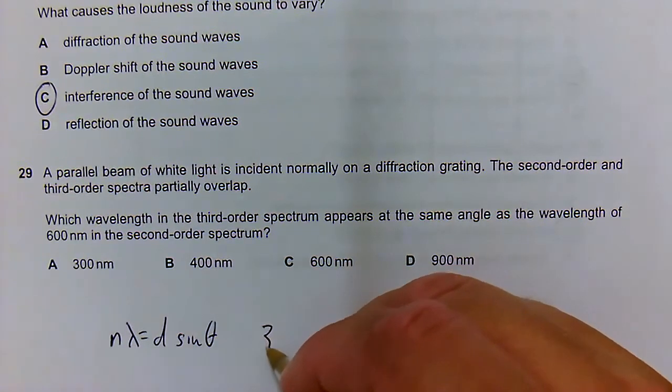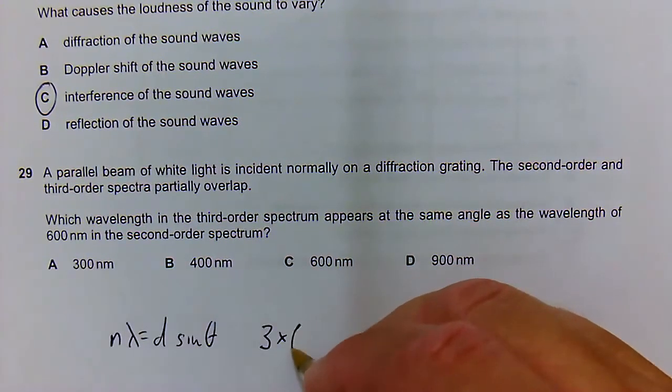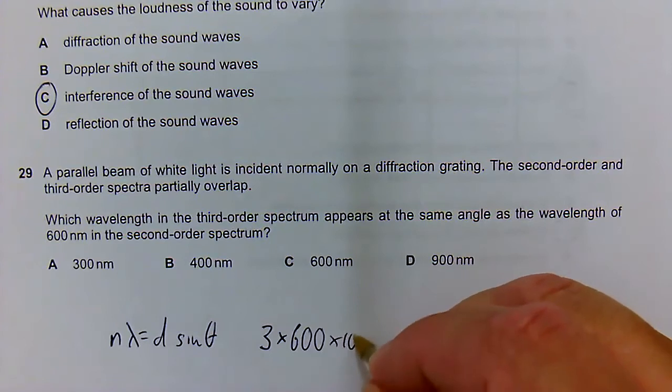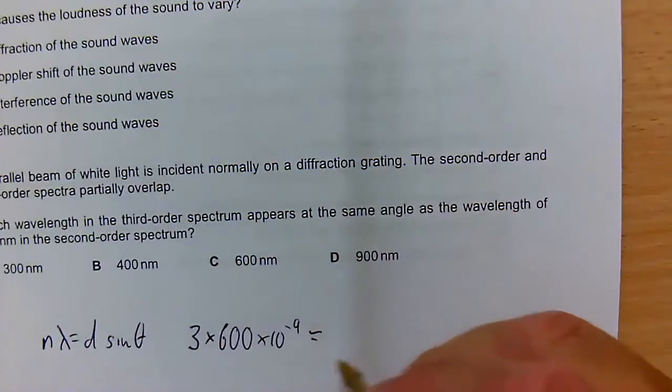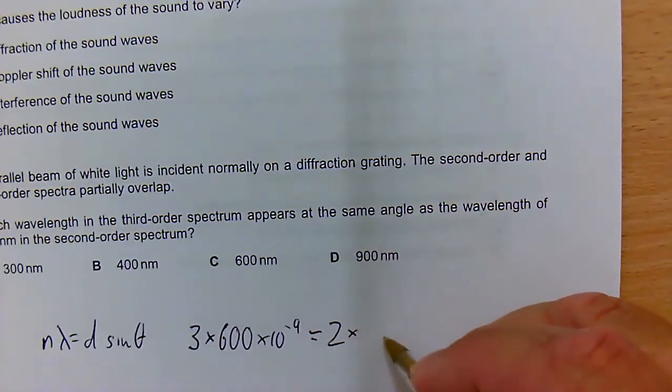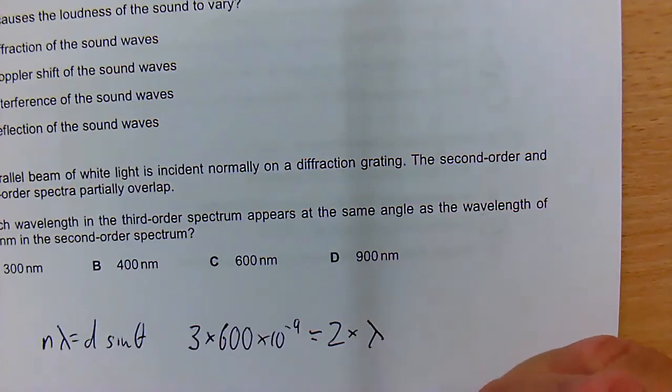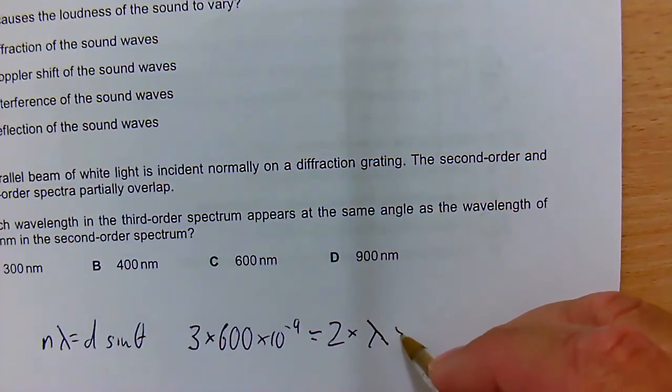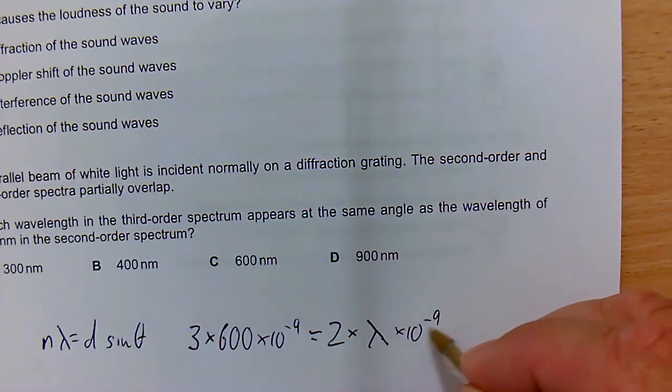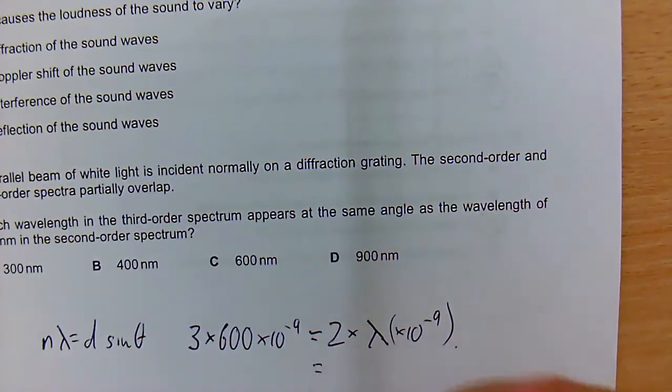So 3 times 600 times 10 to the power minus 9 is going to be equal to 2 times lambda. If you want lambda in nanometers, it'd be times 10 to the power minus 9. So basically, 3 times 600 is 2 times 400. Is that right?